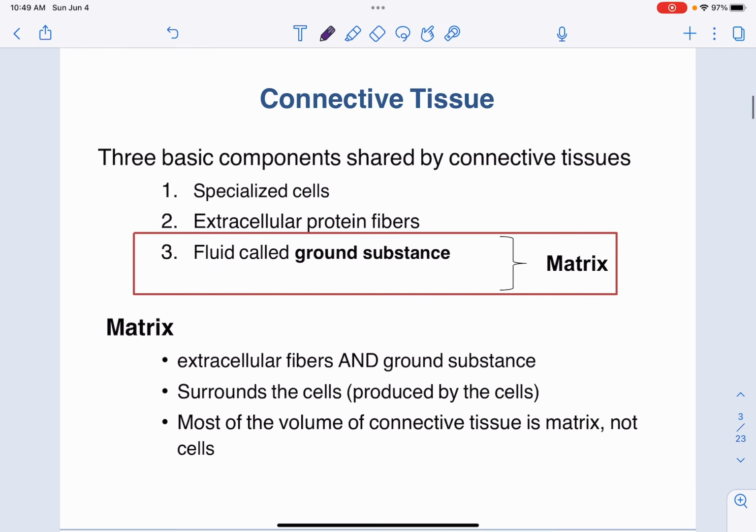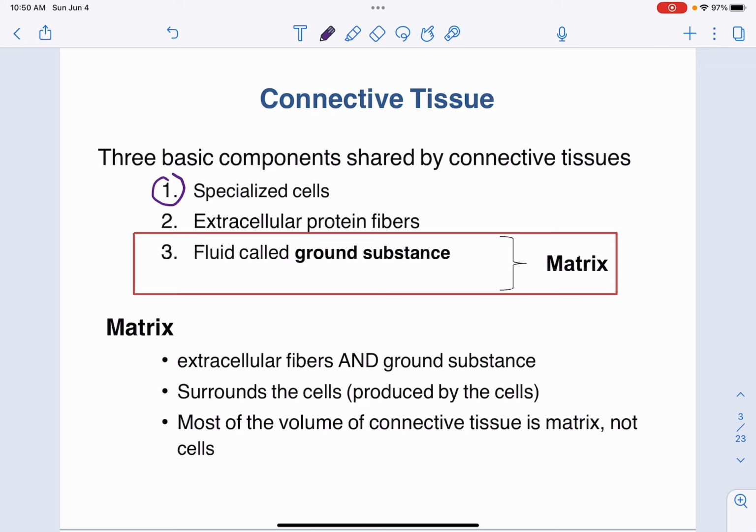Connective tissue in general has a shared set of characteristics, and these are the 3 basic components shared by all connective tissue. So connective tissue has specialized cells. Some of the cells are creating the material seen in the connective tissue, while other cells come into the connective tissue to reside there.